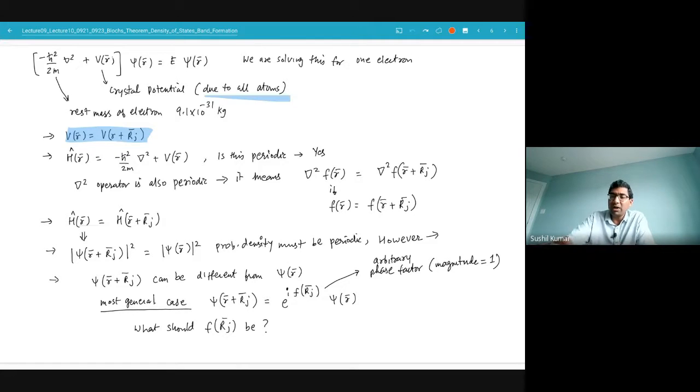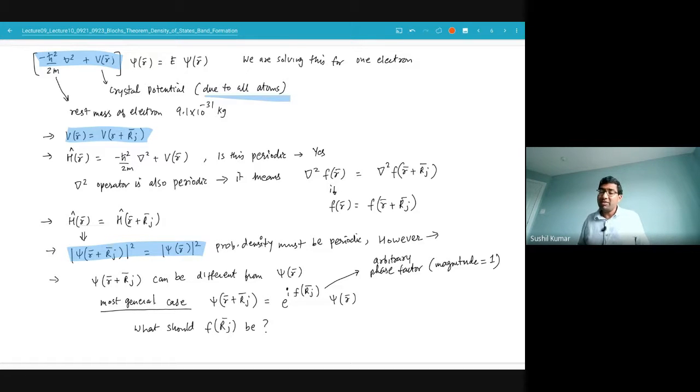If you have a periodic Hamiltonian in a Schrodinger equation, your probability density must also be periodic. This is intuitive, but I don't have a mathematical proof. If your potential is periodic, the probability of finding a particle should also be periodic. Okay, we start from that assumption.